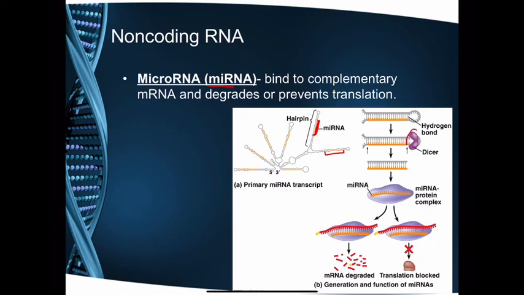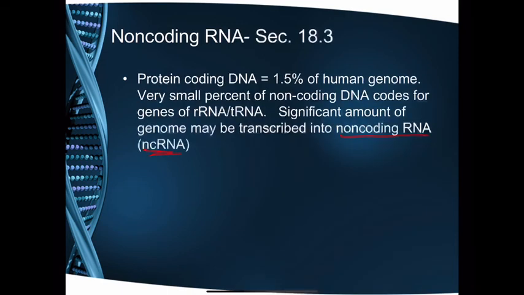Then there's an enzyme called a dicer that essentially cuts it up. So either the mRNA will be degraded, or when it's bound like this, translation is going to be blocked. You're not going to have translation of that protein. Again, this non-coding RNA is coded for by the DNA, but it's important because it's involved in regulation.